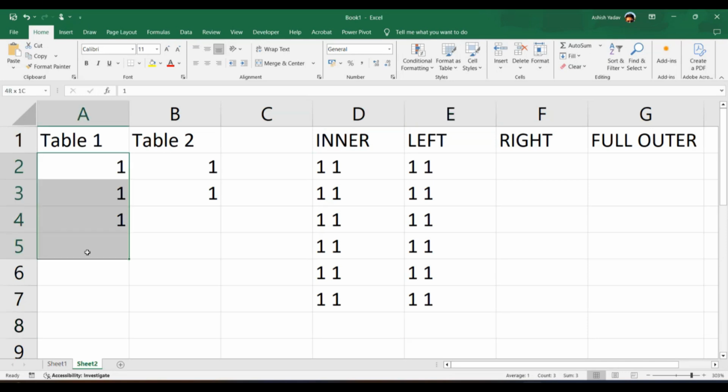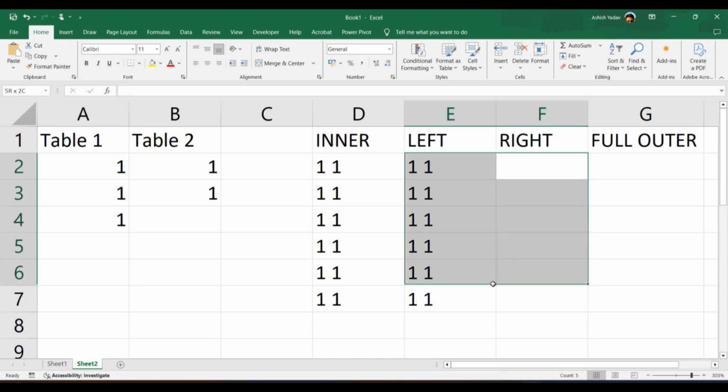Are there any rows which were not matched? This one was also matched. This one was also matched. This one was also matched with these. There is no value which was not matched from the left table, right? So in this case, the left join and inner join have the same answer. It will differ. Let's just be patient for the timing.